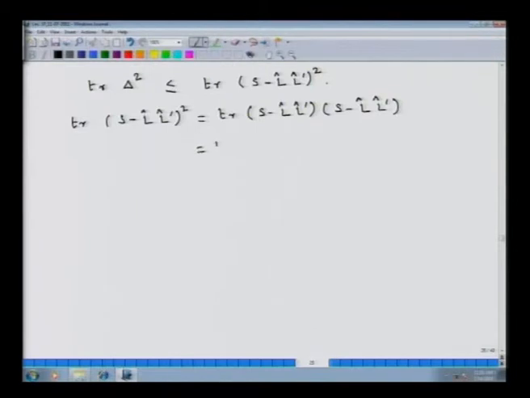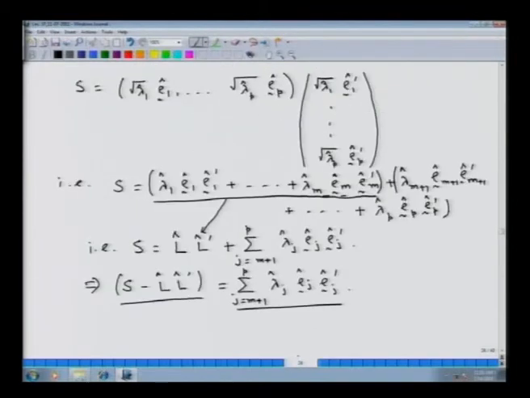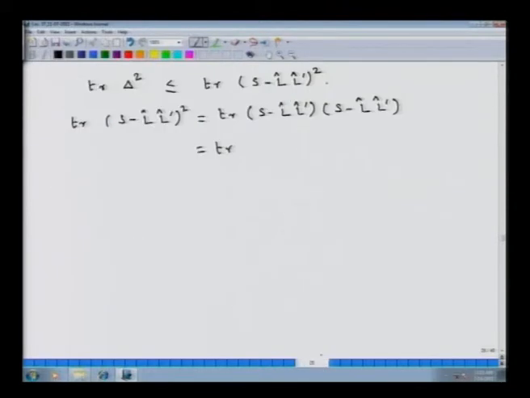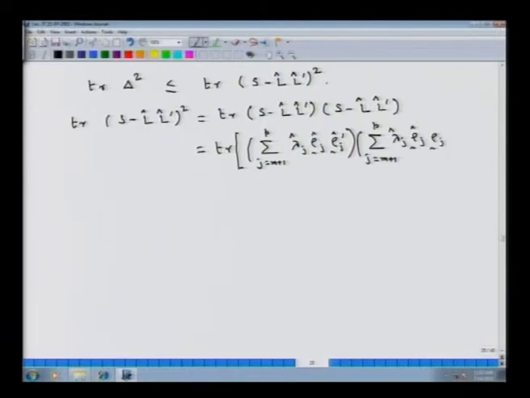Now, we will plug in the value of S minus L hat as in this expression here, and then we will be able to write it as summation over j equal to m plus 1 up to p of lambda j hat e j hat times e j hat transpose. So, that is this matrix, and then the product by the same thing here, summation over j equal to m plus 1 up to p of lambda j hat e j hat times e j hat transpose, right.